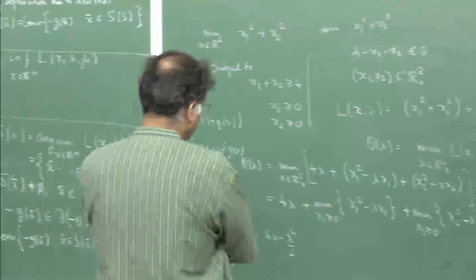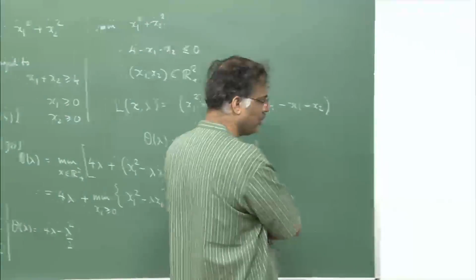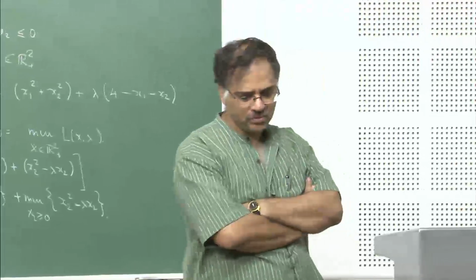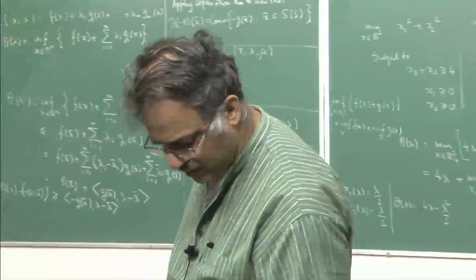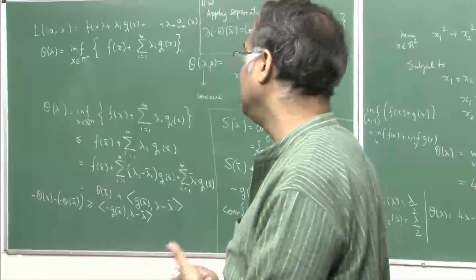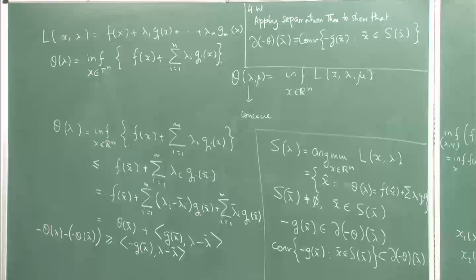So, the dual problem provides a lower bound to the optimal value of the primal problem. Now, the question is the following: when are these two equal, that is, when will strong duality hold, and that is exactly what we are going to discuss at this moment.